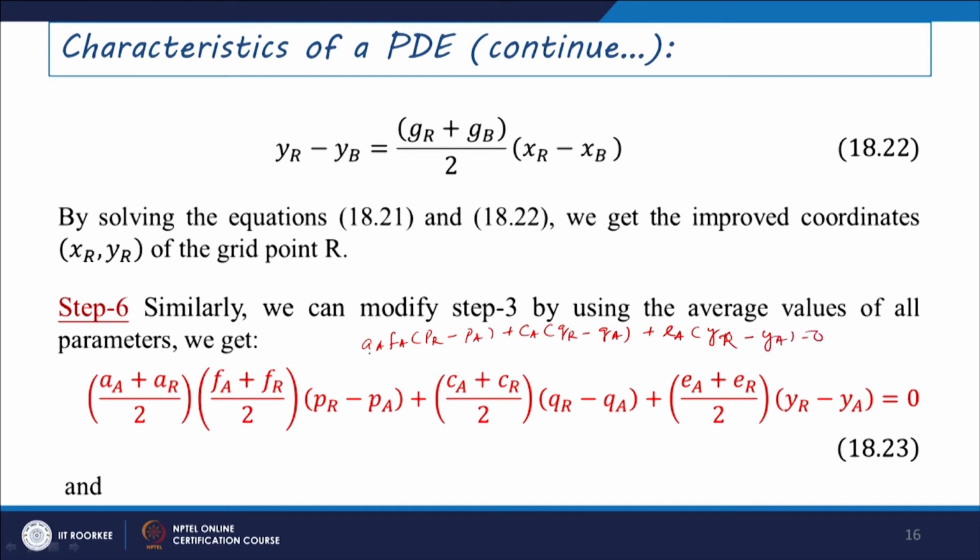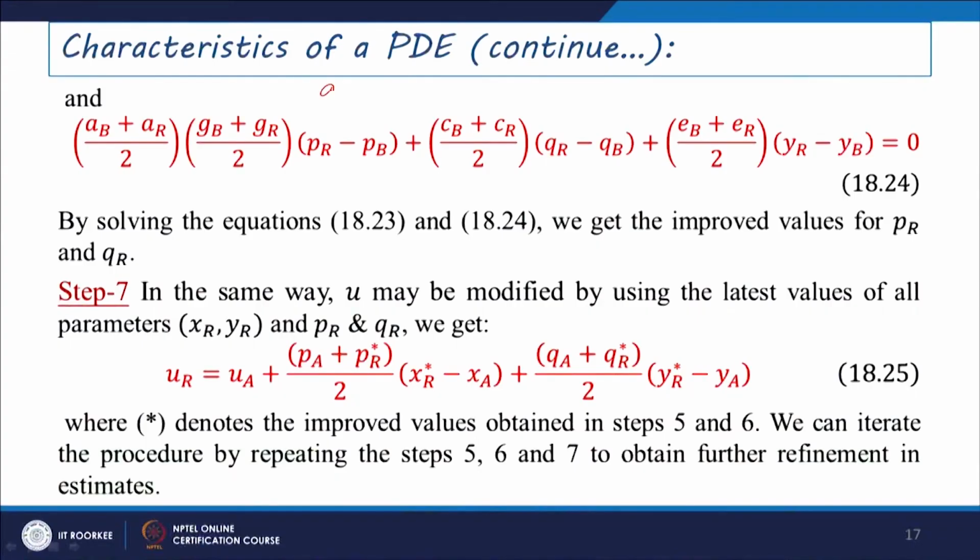So, each of these points is changed by taking these averages. PR − PA itself is just there, then CA is replaced by (CA + CR)/2, and similarly EA is replaced by (EA + ER)/2 here.